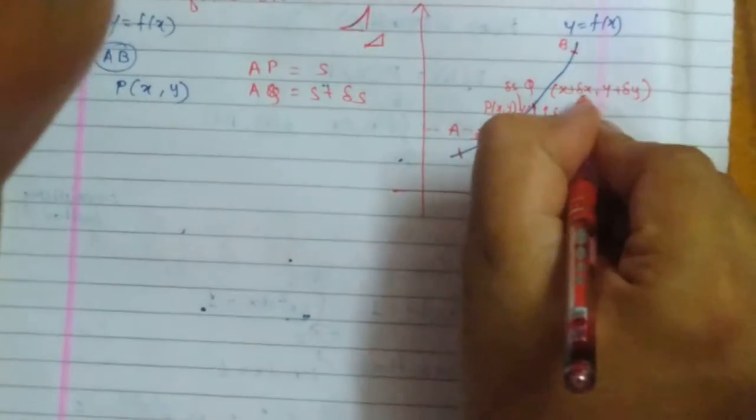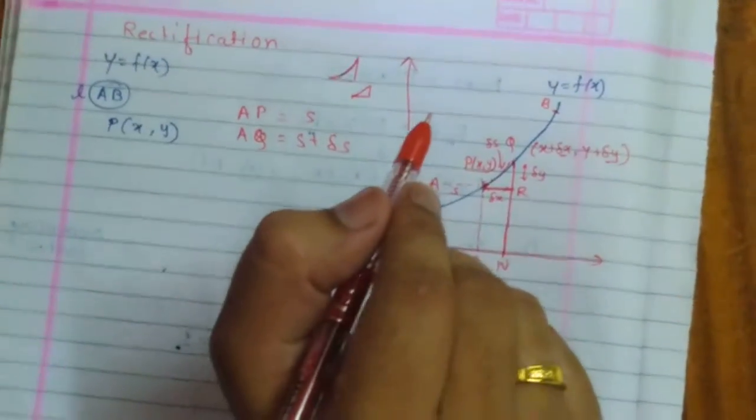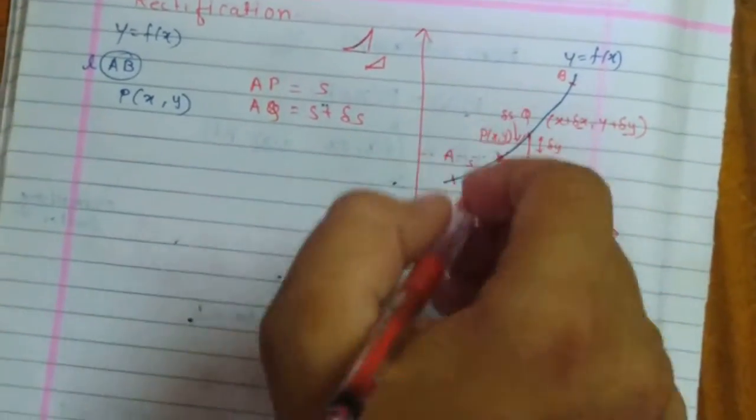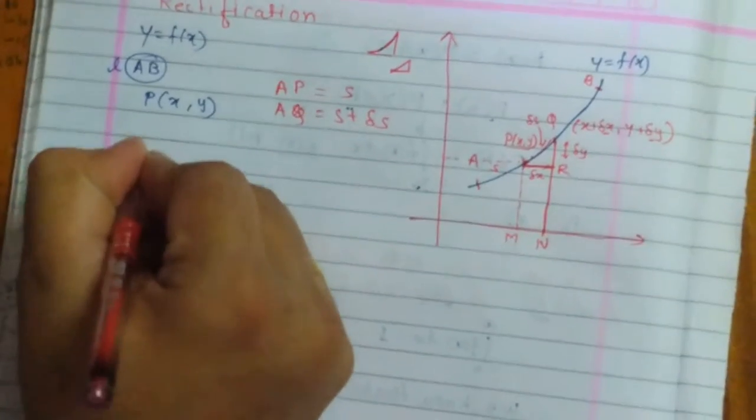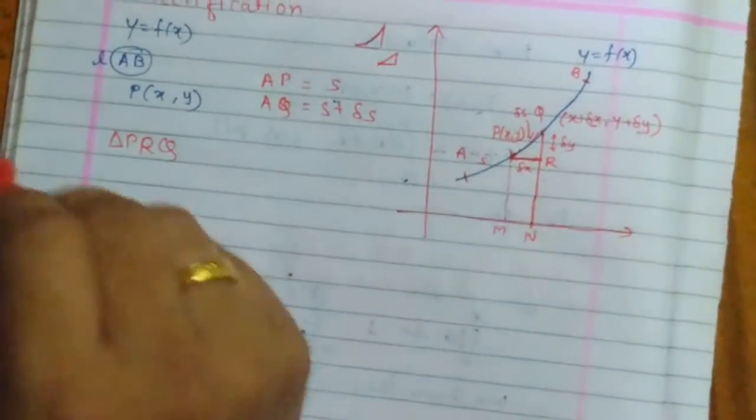It means delta x and delta y are so small that I get a triangle there. So I am getting one triangle, say PRQ, which is a right angle triangle.